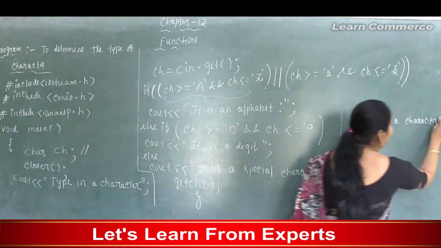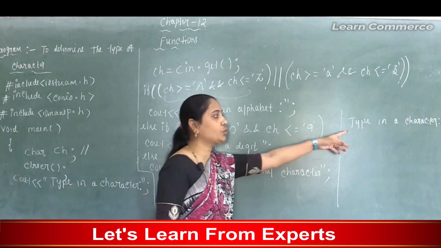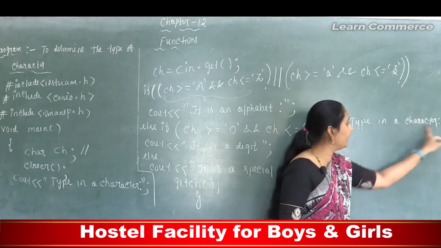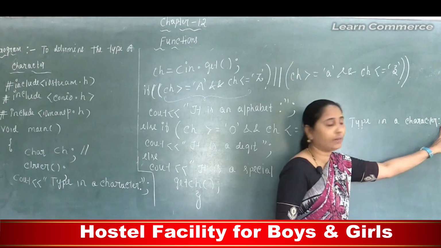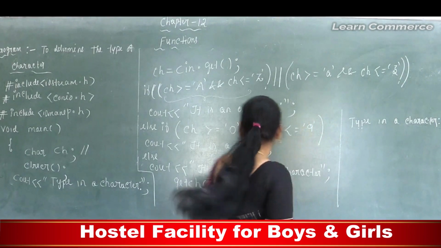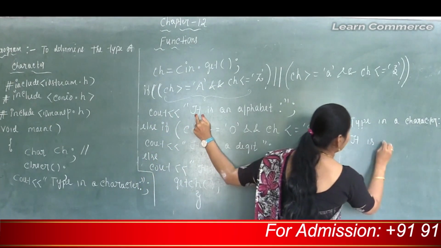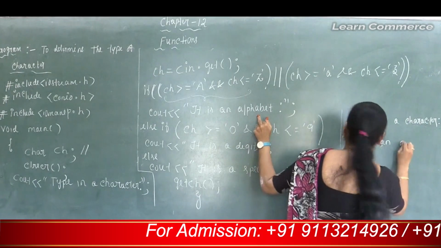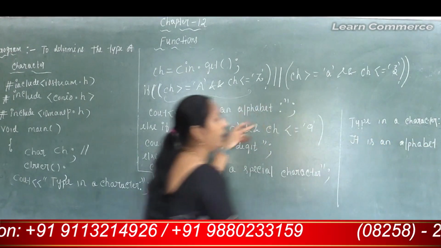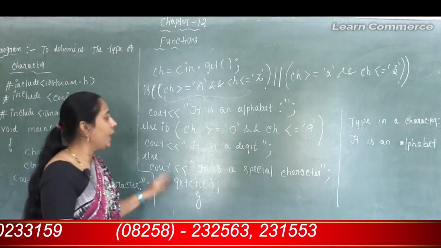So maybe capital letter G, when you input capital letter G through the keyboard, it automatically displays. In the program we have written, when you input capital letter K, the message that is going to display is 'It is an alphabet'. So this type of output we will get while executing the program.